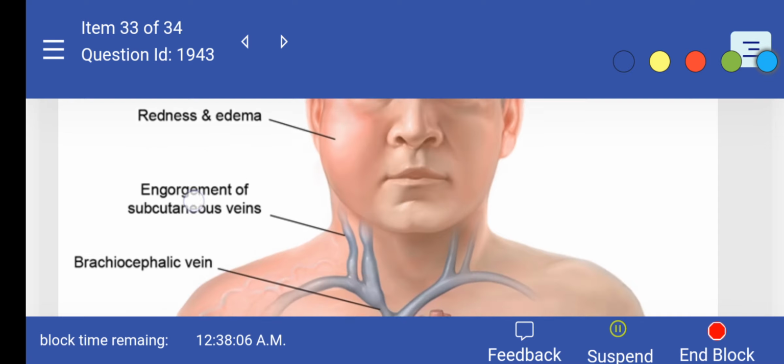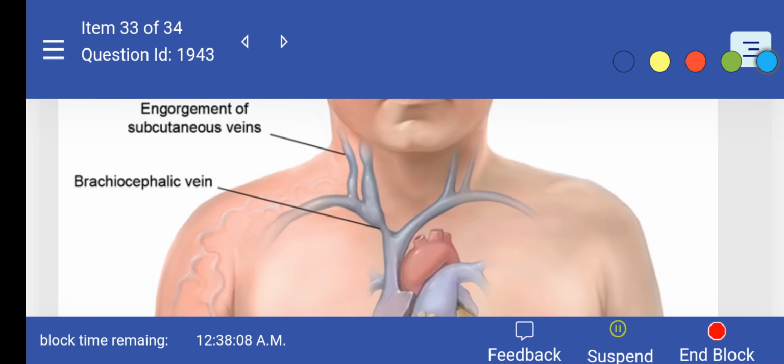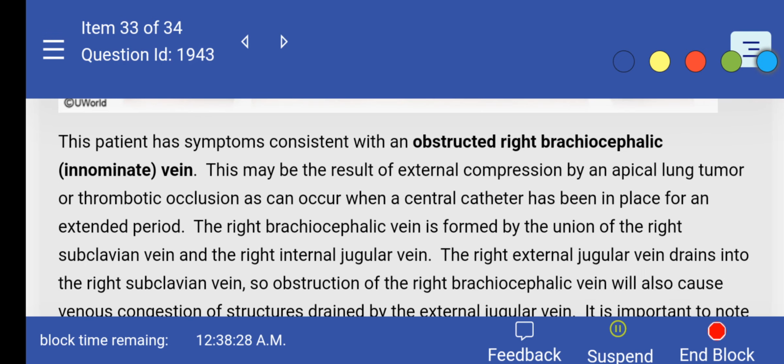The subclavian vein drains the lymph from the arms and shoulder area.